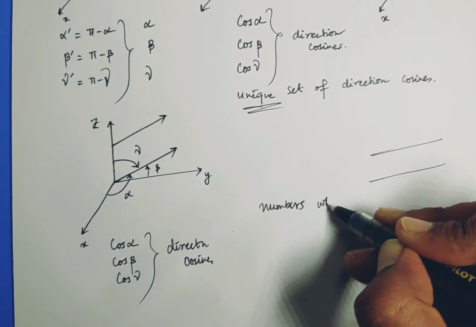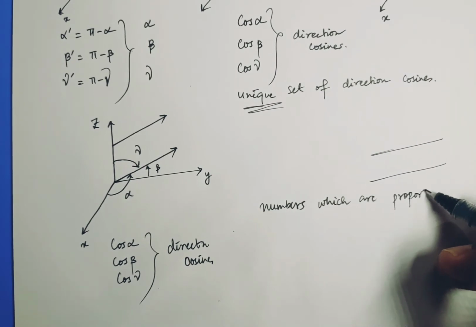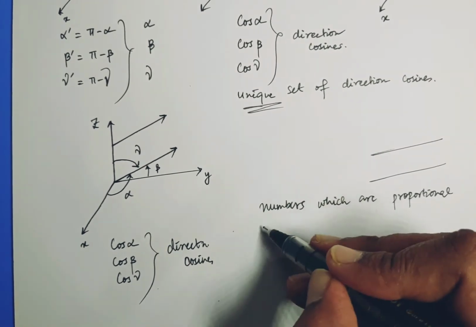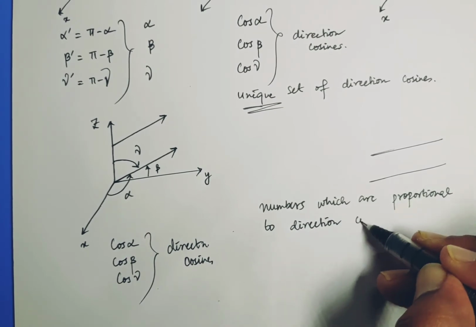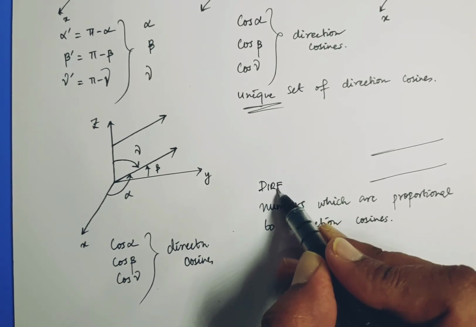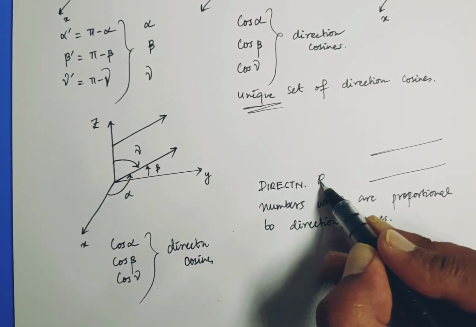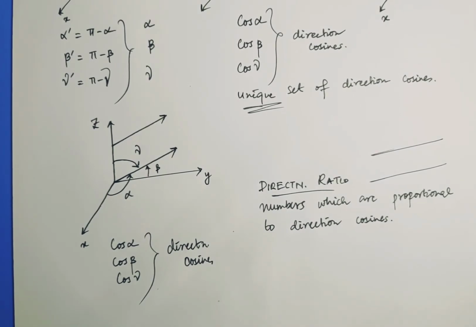Numbers which are proportional to direction cosines. So direction ratios are numbers which are proportional to direction cosines, right?